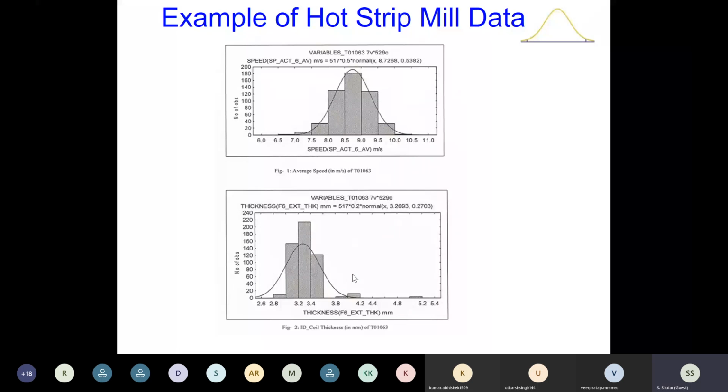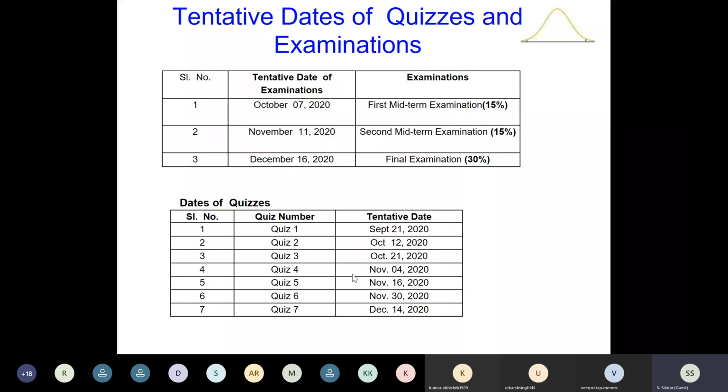Next, I move to this. This is some kind of announcement. I want to inform you ahead that the tentative date of the first mid-sem is going to be October 07. Don't think about the rest too much.